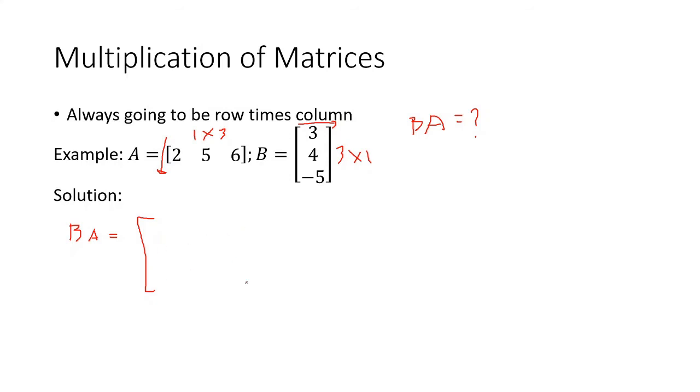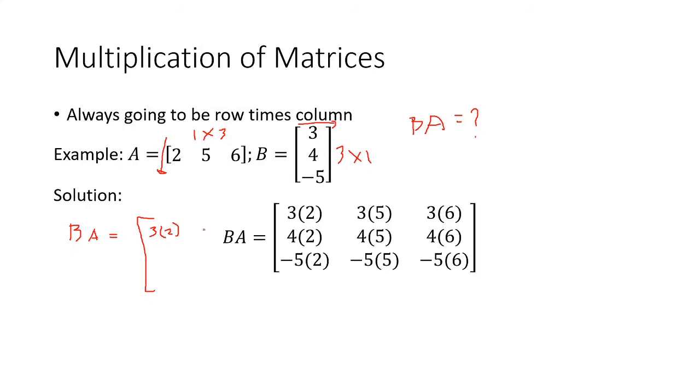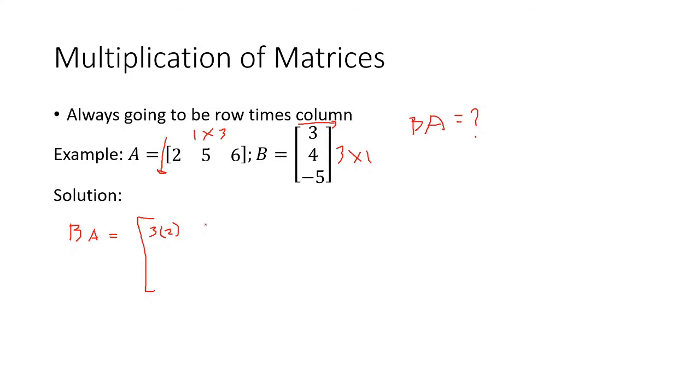So, ang first is 3 times 2. Tapos, row times column: 3 times 5, 3 times 6.